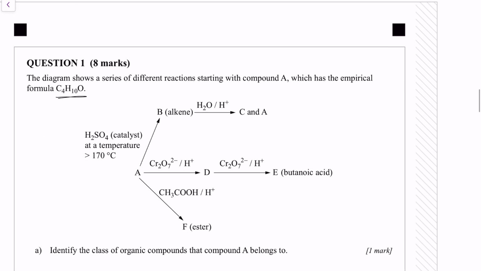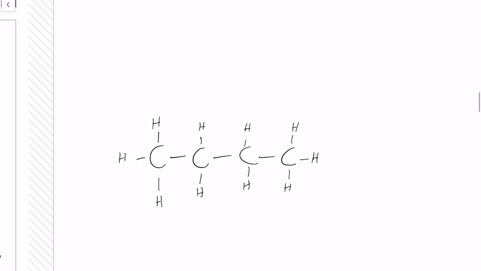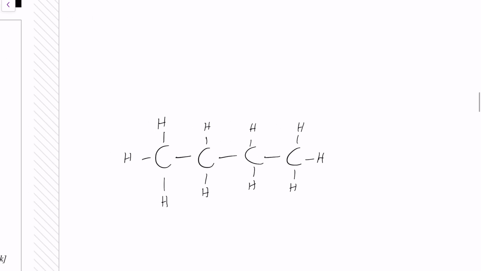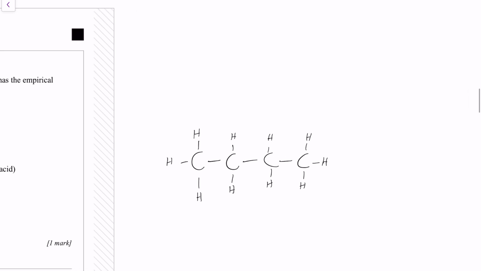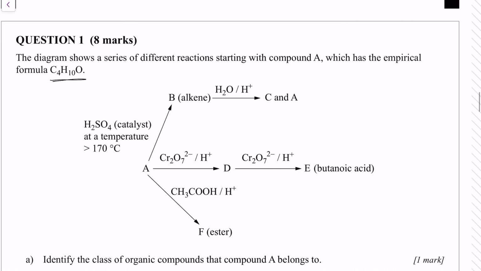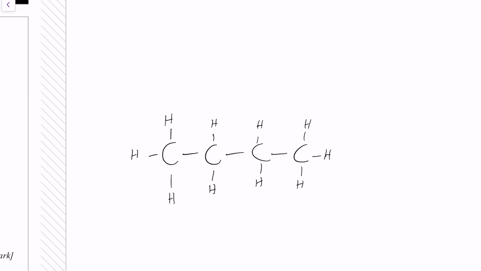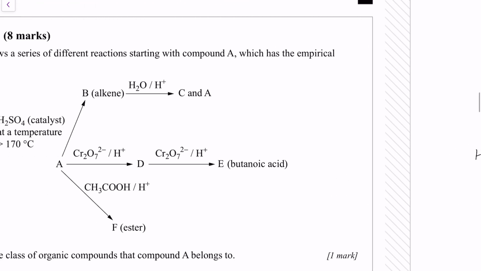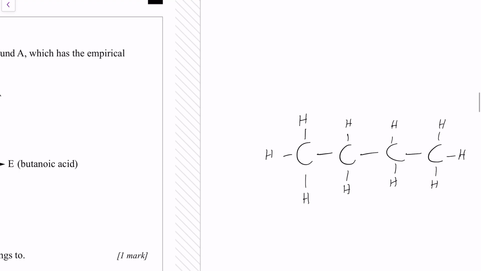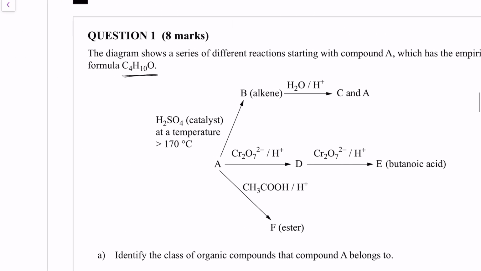So I count my hydrogens. I have 4 on the top, 4 on the bottom. So 4 plus 4 is 8, plus 2 is 10. Okay. And then from that, I see, okay, there's 10 hydrogens in my alkane model, our template.